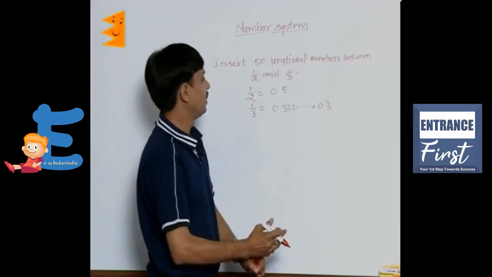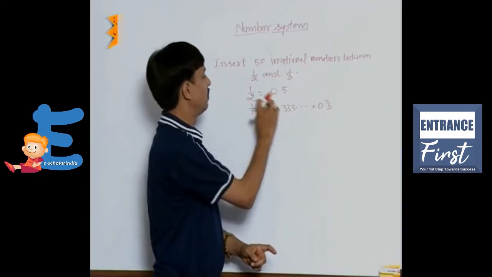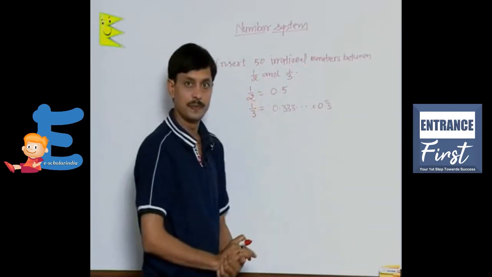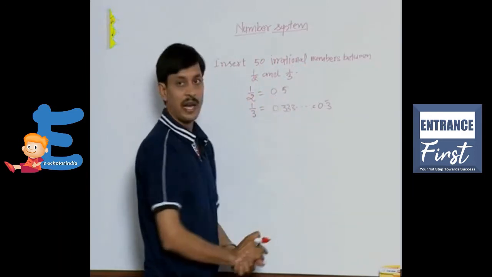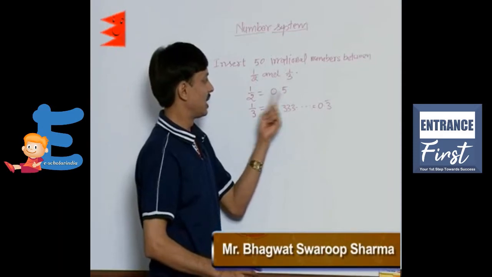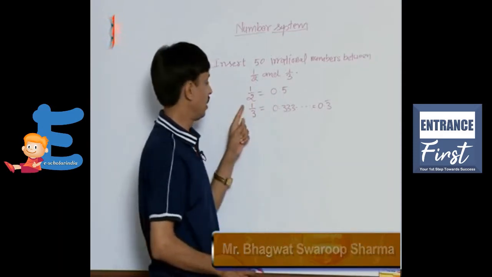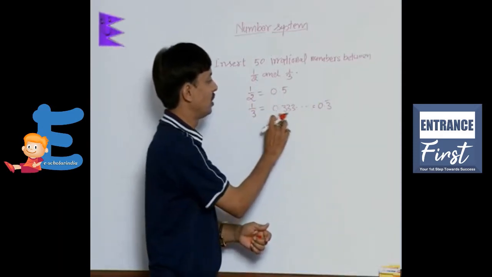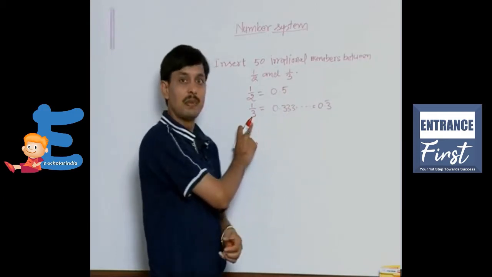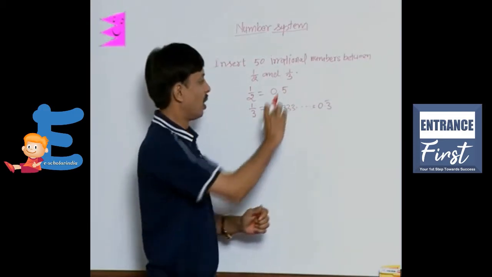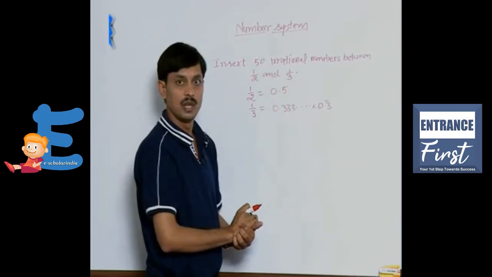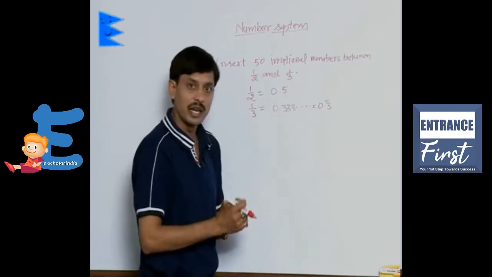I want to find 50 irrationals between 1 by 2 and 1 by 3. 0.5 is the decimal form of 1 by 2 and 0.3 bar or 0.33333 is the decimal form of 1 by 3. I want to insert 50 numbers between these two. So what can I do?